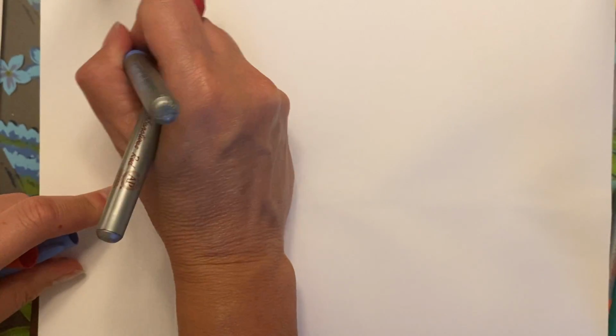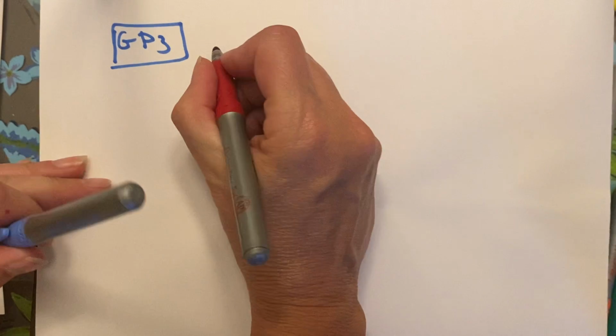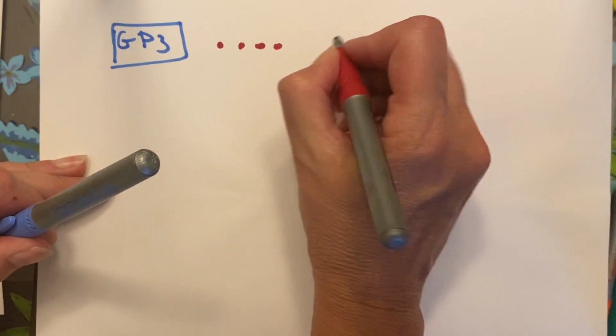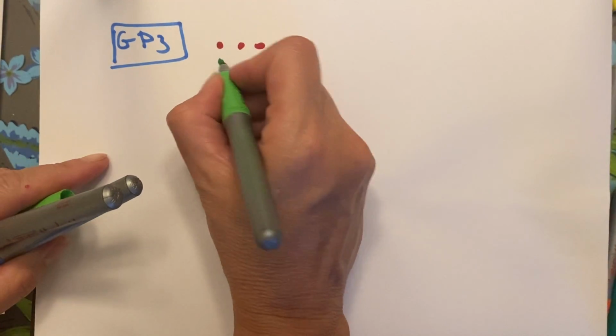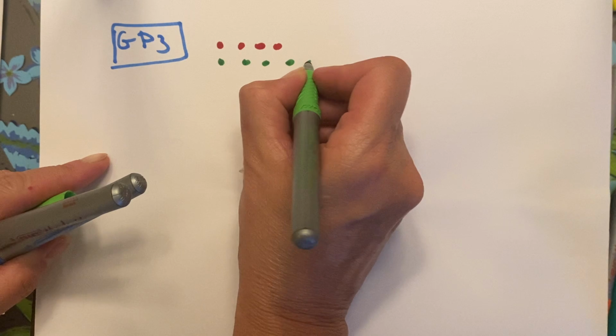All right. So if I'm looking at guided practice 3, a bag contains 4 red, 5 green, and 2 blue marbles. So I won't draw the bag this time. This is guided practice 3. So I have 4 red, I have 5 green, and I have 2 blue marbles.